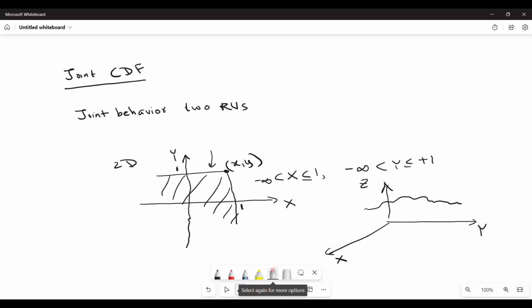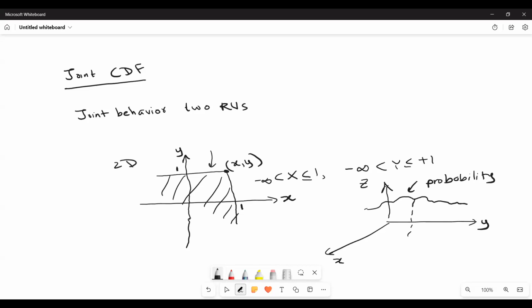I think I need to use consistent random variable notation here. I will use the simple x and simple y as the values of the random variables, and then the z axis will give the probability of that joint PDF function, right? So this will give the probability of both x and y occurring at a certain instance.